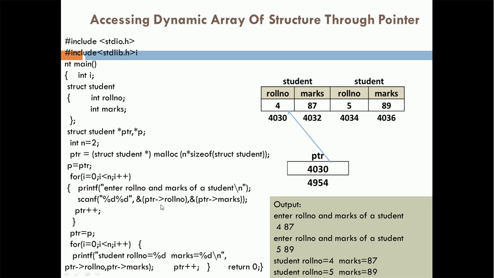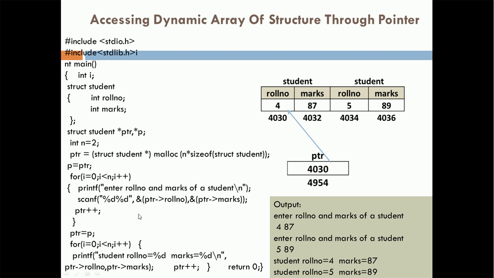When we raise ptr by 1, that means we have written ptr++, this will raise the value of ptr by 4, because one array element will take 4 bytes, as the size of a student is 4 bytes. So whenever we increment the pointer by 1, this will increase the value of ptr by 4, as the size of an individual array element is 4 bytes.